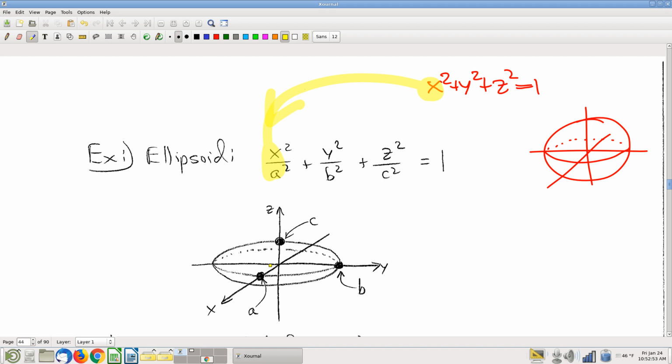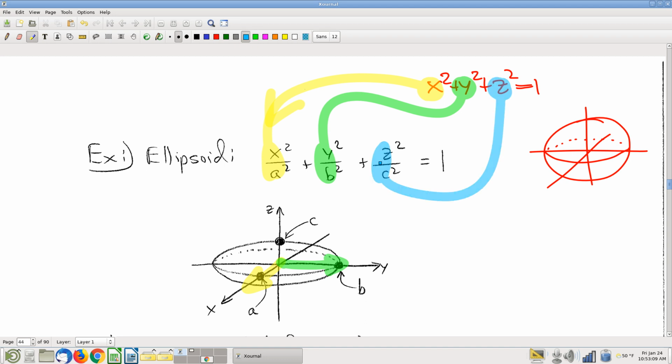And then analogously, when we replace y with y over b, that's going to stretch by a factor of b in the y direction. And likewise, when I replace z with z over c, that's going to stretch by a factor of c in the z direction.